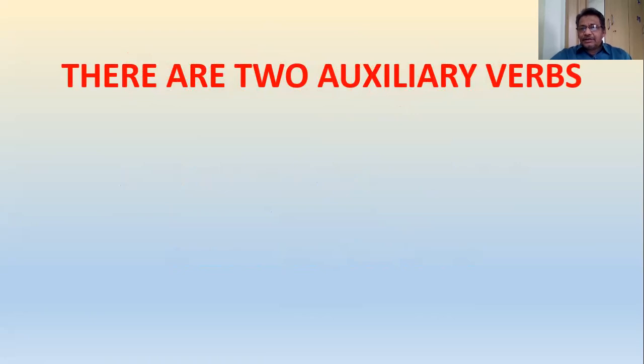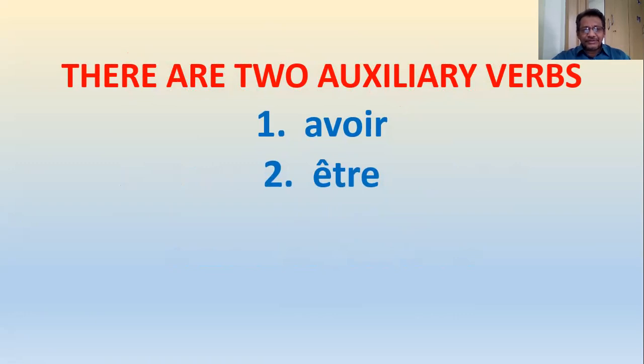Now we shall see. Like I said, there are two verbs to be used in all the compound tenses. One is the auxiliary verb and the other one is the main verb, which is in the past participle form. The first one is the auxiliary verb. Here I should tell you that there are two auxiliary verbs to be used in all the compound tenses.